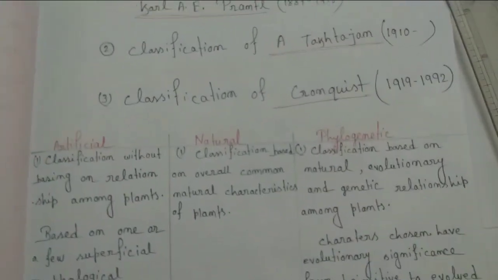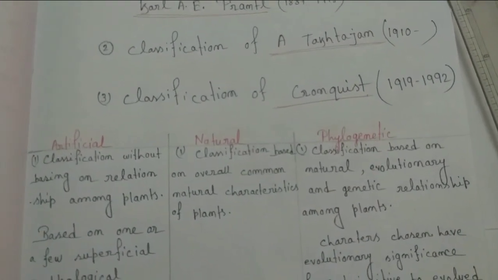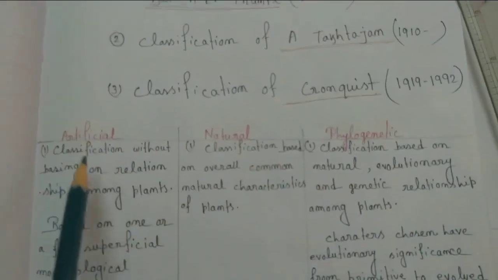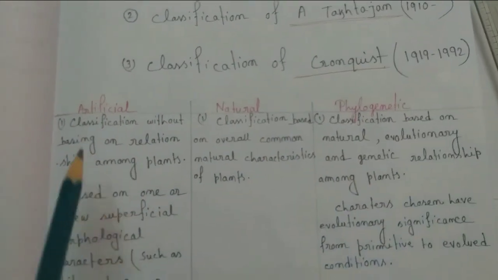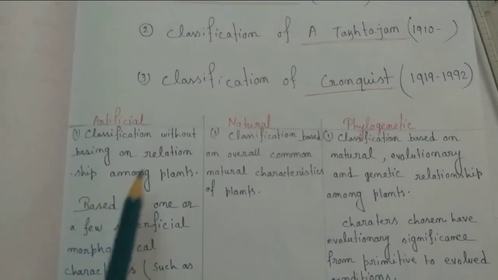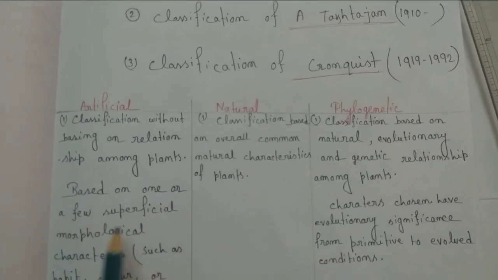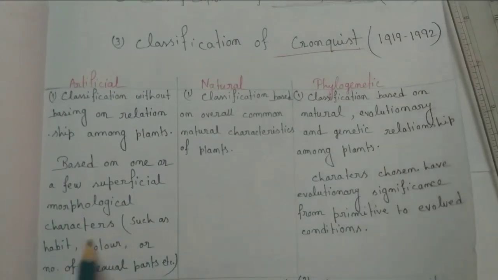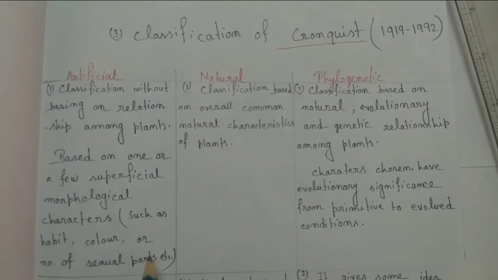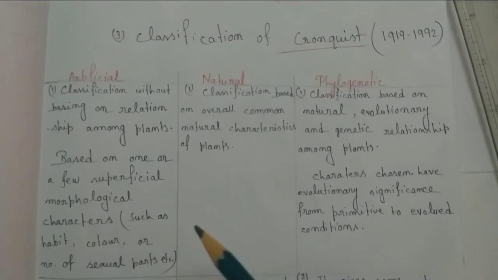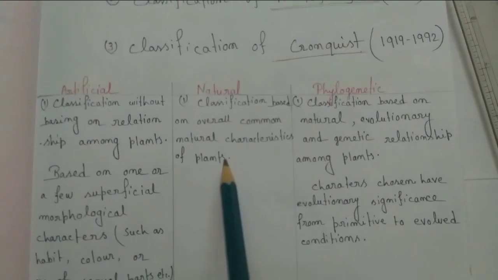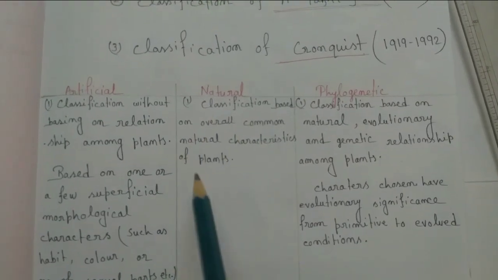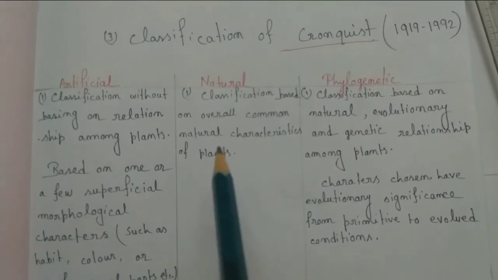Now we are trying to make a difference between the three: artificial, natural and phylogenetic. The artificial system is based on a few superficial morphological characters, that means habit, color, number of sexual parts, etc. The natural system is based on overall common natural characters.